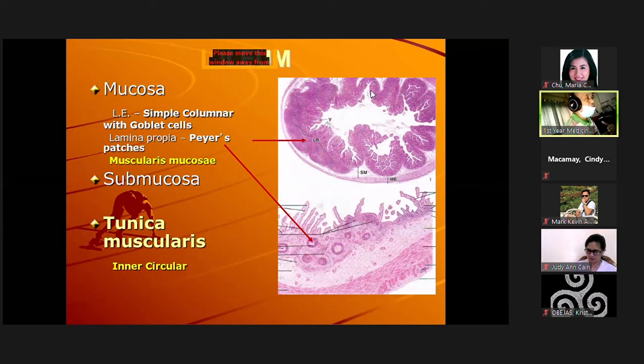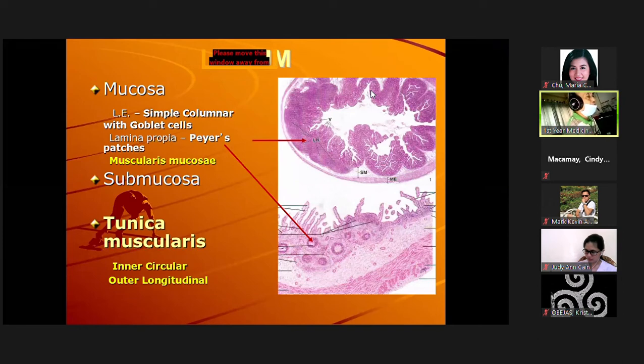The layers are, first, the inner circular, and next, the outer longitudinal. So the layers of the GI tract follow this description: inner circular, outer longitudinal, except in the stomach. I might as well tell you now that the stomach has 3 layers.